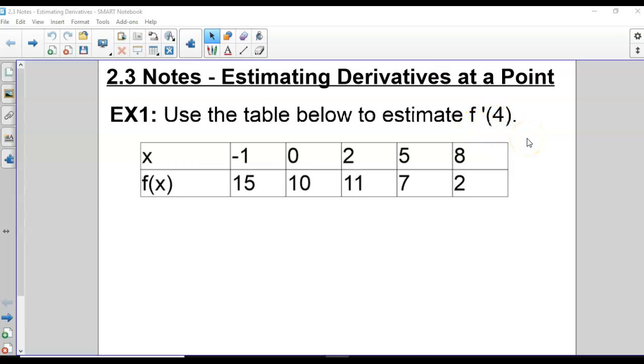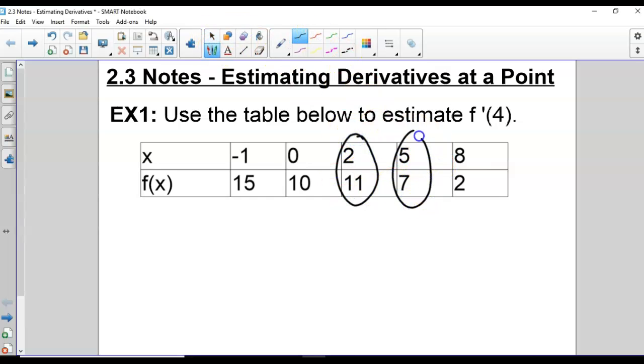But if we find the slope of the two points that are closest to 4, then that can estimate what the slope may possibly be close to. In this case, these two points right here are closest to 4. 4 would fall between the 2 and the 5 here. So we could say f prime of 4 is, and when we're estimating, it really is best to use the squiggly equal sign.